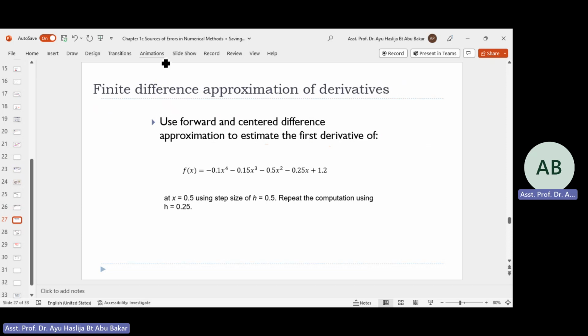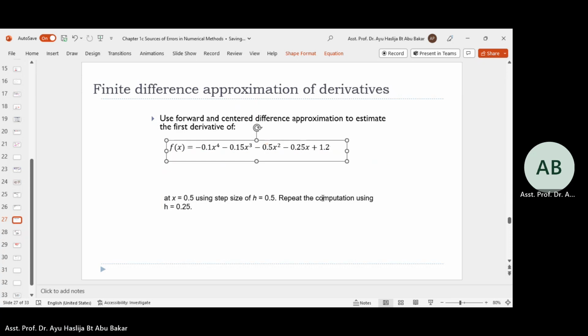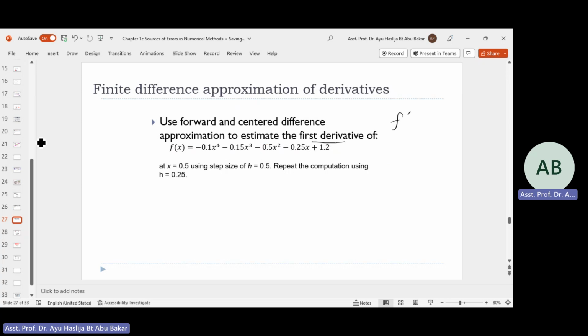Using this function, estimate the first derivative. First derivative means f1 prime x, because later on you will see f2 prime, the second derivative, f3 prime.